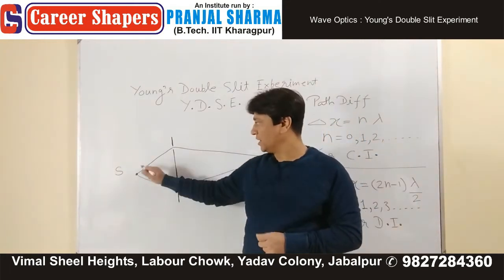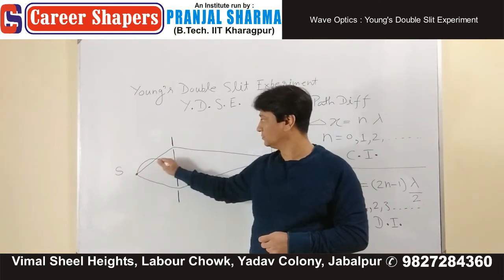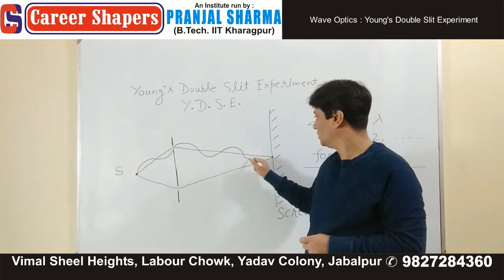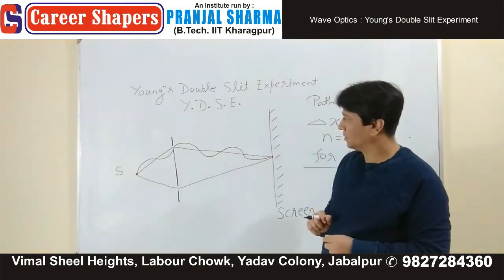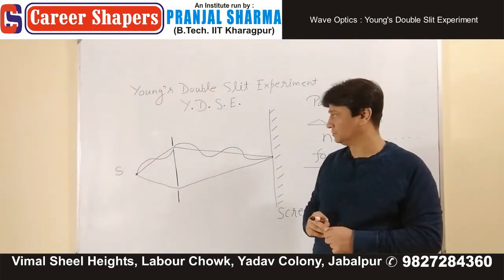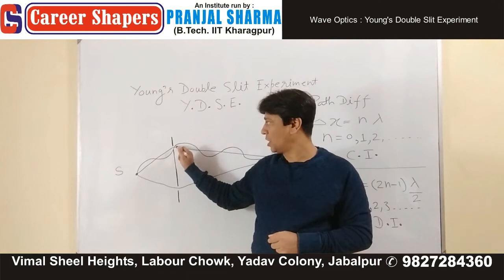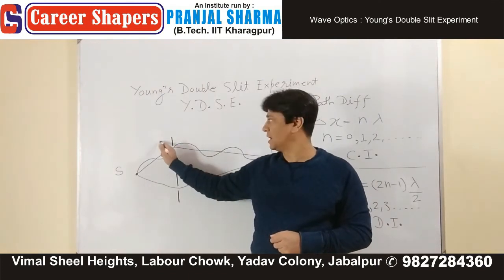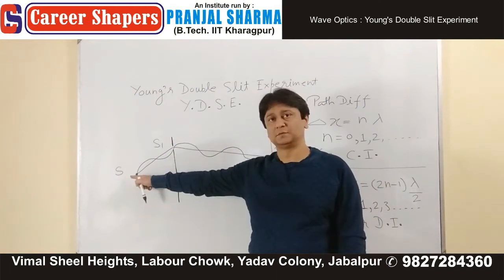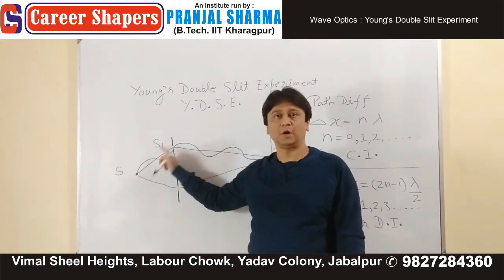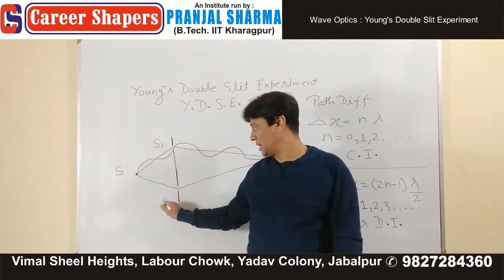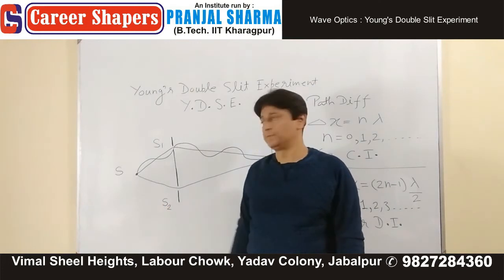Look here. If S sends a wave like this, this is a wave coming from S. We'll call this upper slit S1. The main source of light is S. This will be called S1. This will be called S2.